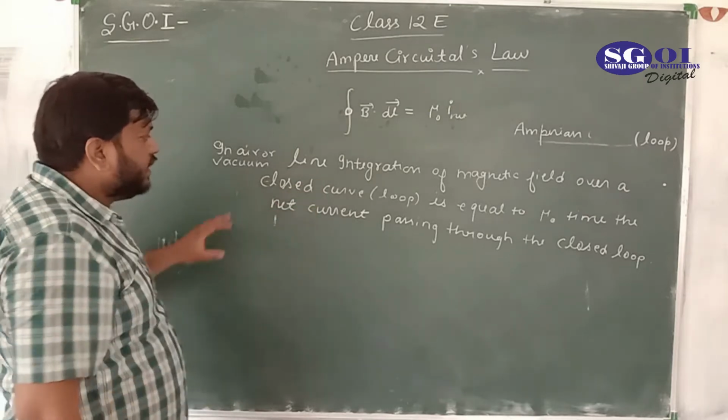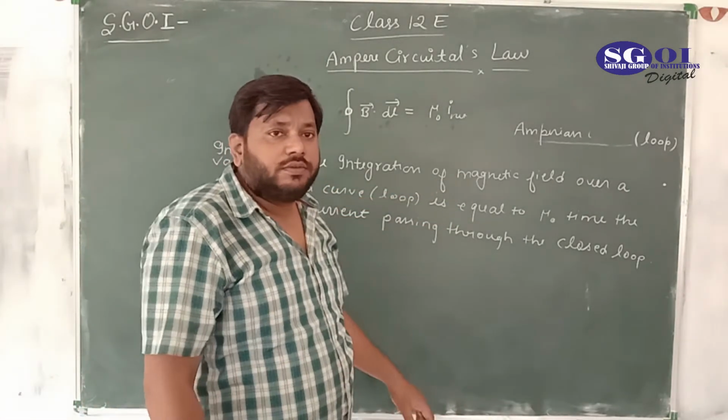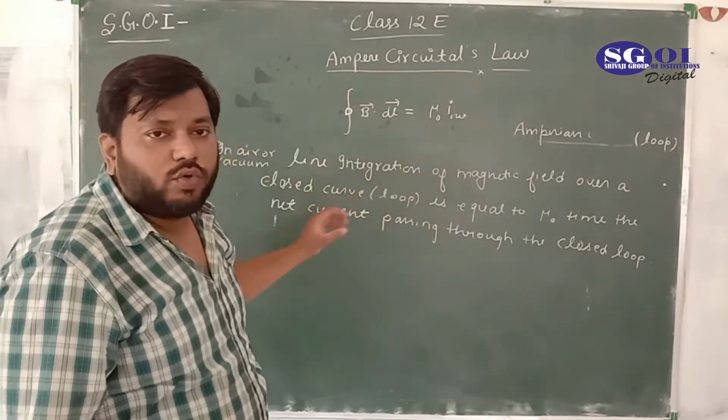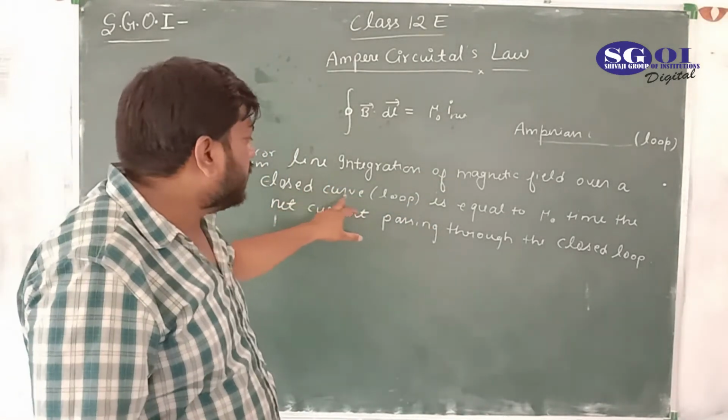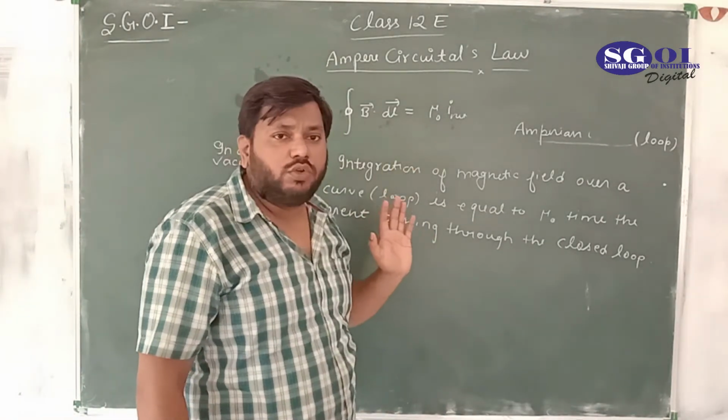So the statement is: in air or vacuum, the line integration of the magnetic field over a closed loop is equal to mu naught times the net current passing through the loop.